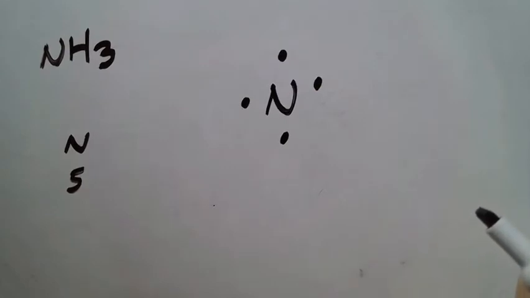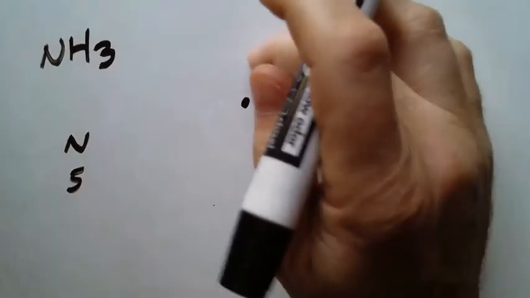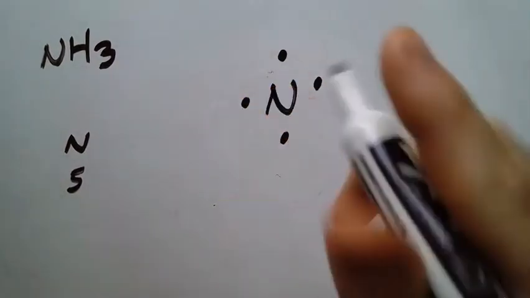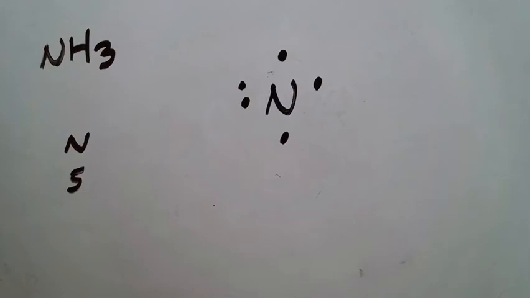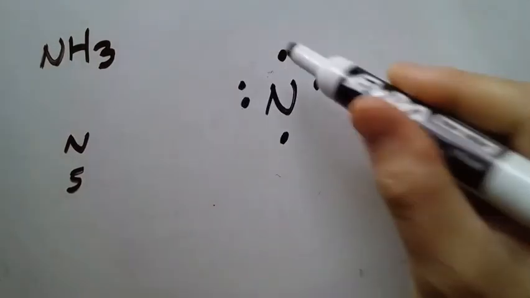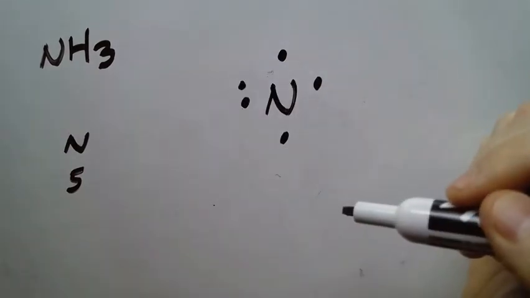Now the next one can go in any location. All right, I could put the extra one here, or I could put it down here. It's just as valid. I could even put it over here, and it just doesn't matter. As long as you don't double them up until you have all 4 points around it filled with at least 1 electron.